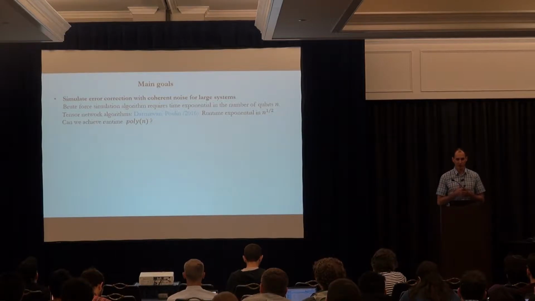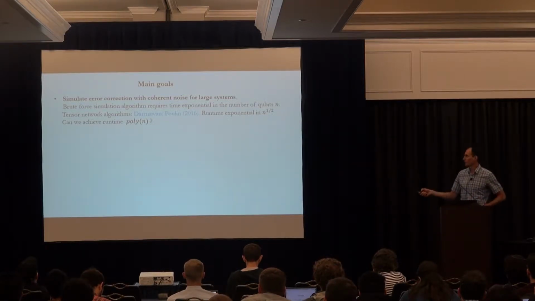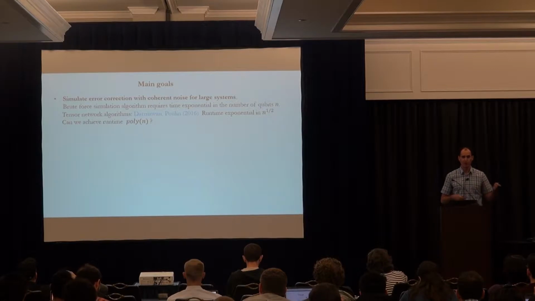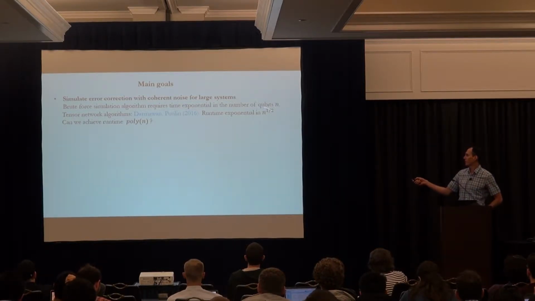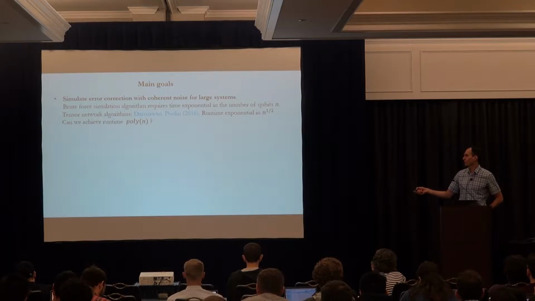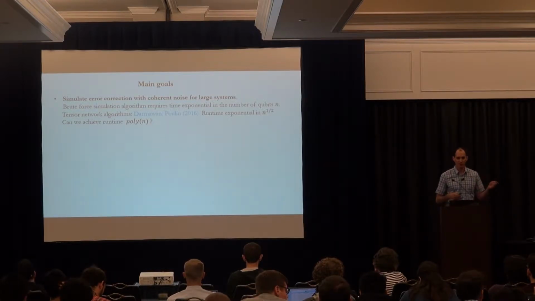So it's very inefficient. Recently, David Poulin and Dharma Van proposed a more efficient algorithm based on tensor network contractions, but it still has time growing exponentially, although now it's exponential in the square root of n. So what we would like to do is to achieve simulation time polynomial in n.